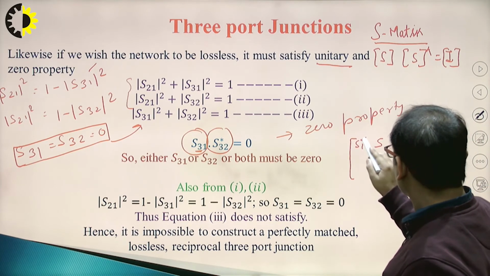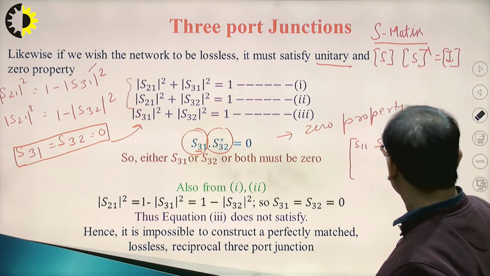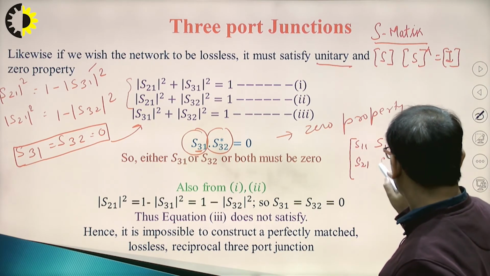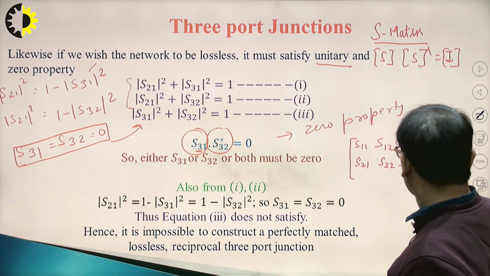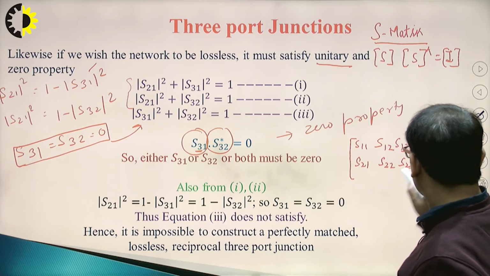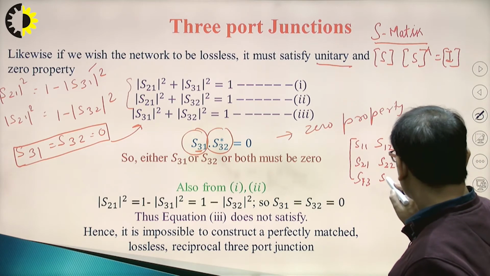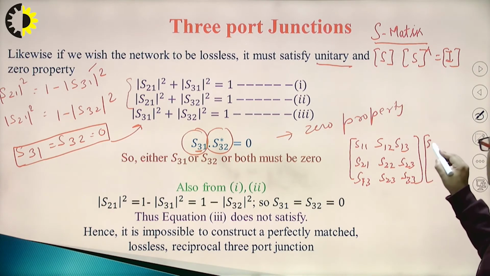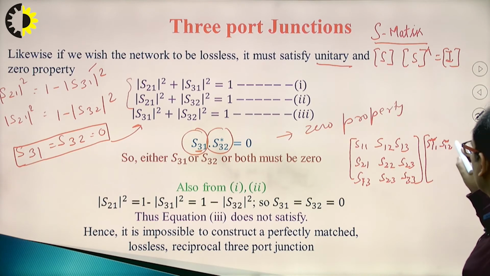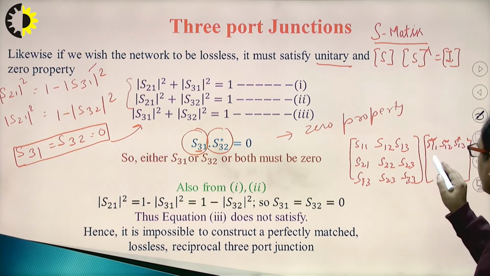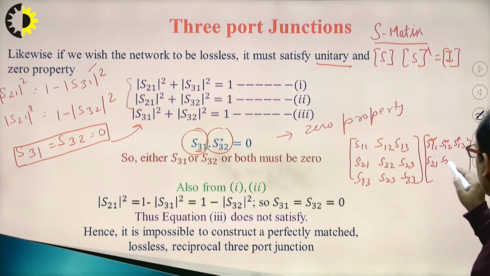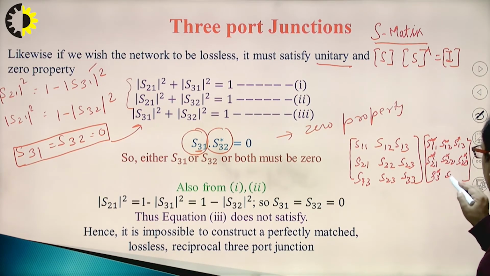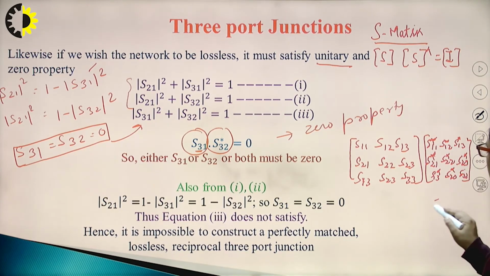Means if I say S11, the S matrix multiplied by its conjugate, that is S11, S12, S13, similarly S21, S22, S23, S13, S23, S33, will always be equal to what?